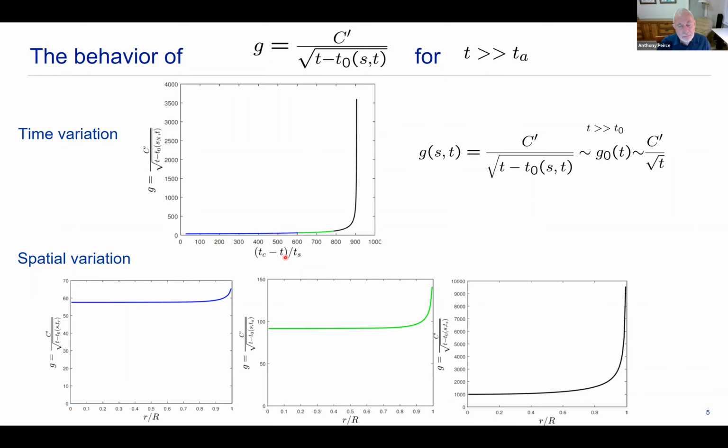This is plotted as a function of time, where T minus TC is the collapse time, so we're moving backwards to the collapse time.